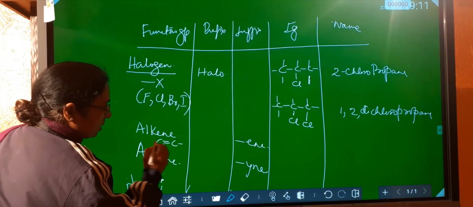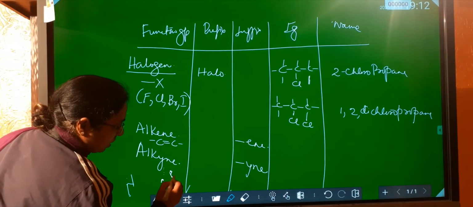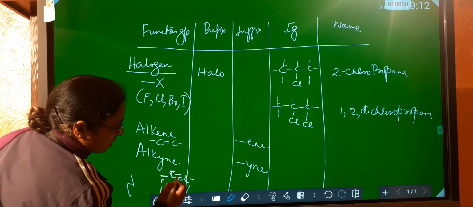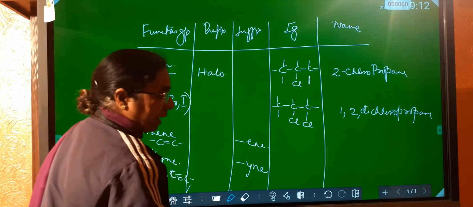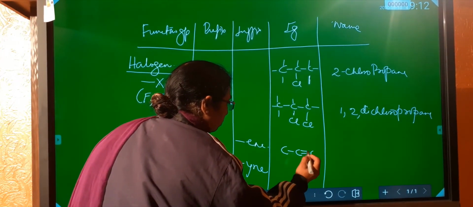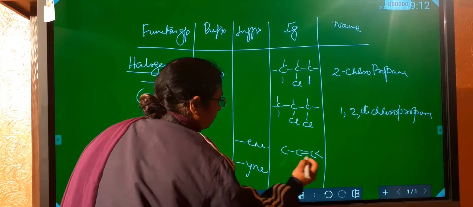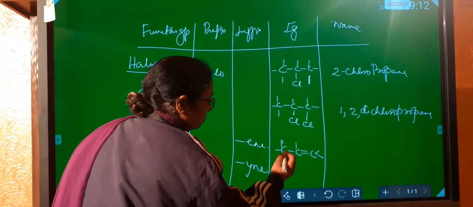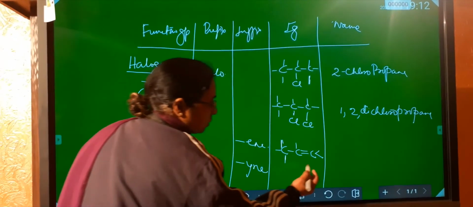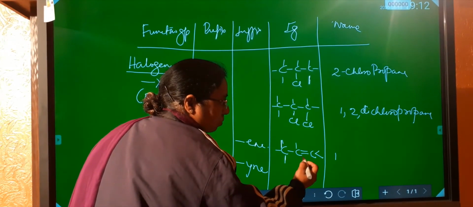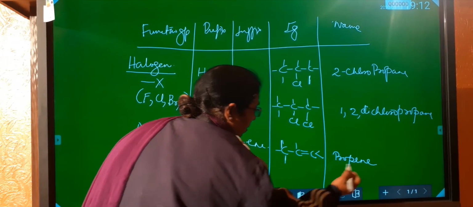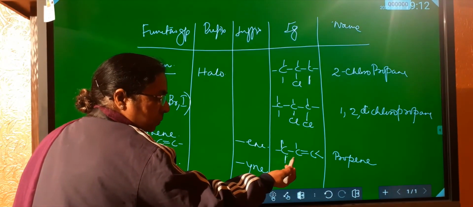Over here it is C double bond C, and for alkyne it is C triple bond C. So supposing if I have this, the root name is prop, so this becomes propene. For propene, you need not specify the double bond.